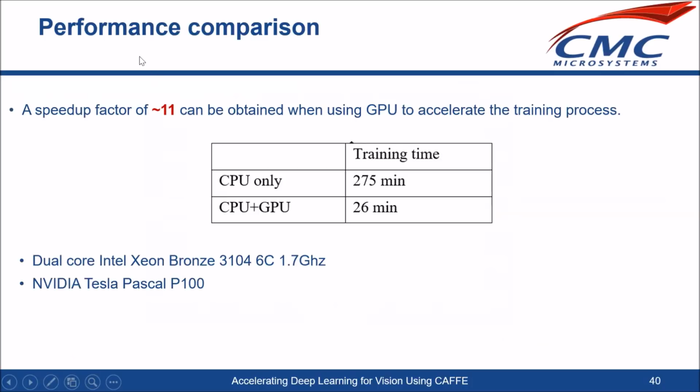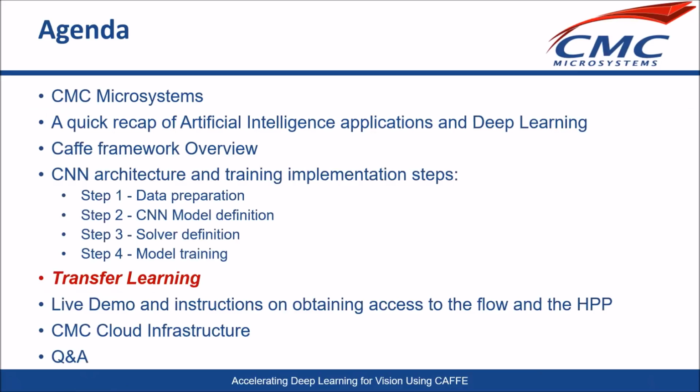For the acceleration, we have a speed up factor of 11 by using GPU in combination with CPU. These are the accelerators we are using: Tesla Pascal P100 and Intel Xeon as a host processor. It's not surprising because GPU gives a lot of acceleration in this case.